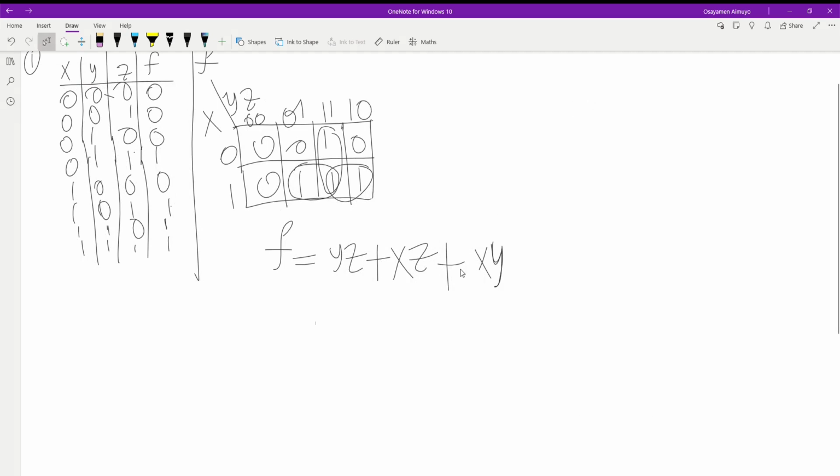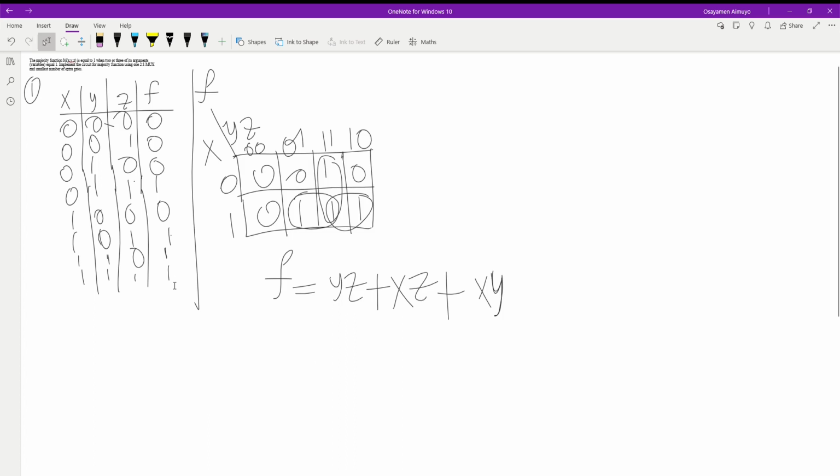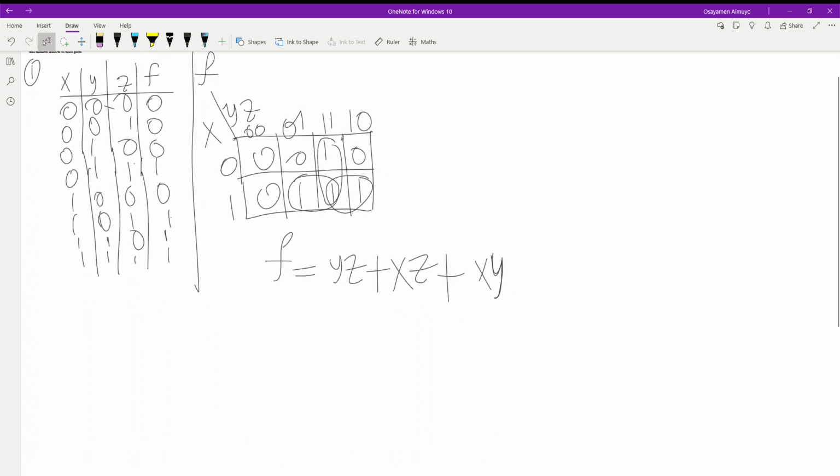Okay. So remember that we're trying to implement this function using just one 2x1 mux, right? So having it in this simplified form does not necessarily help. It doesn't help because remember, to use a 2x1 mux, you need to have it in such a format.